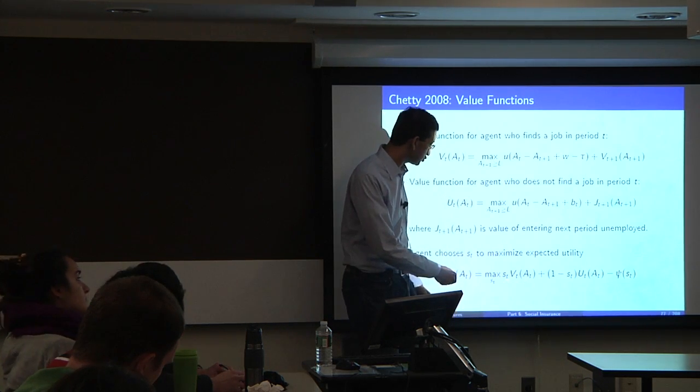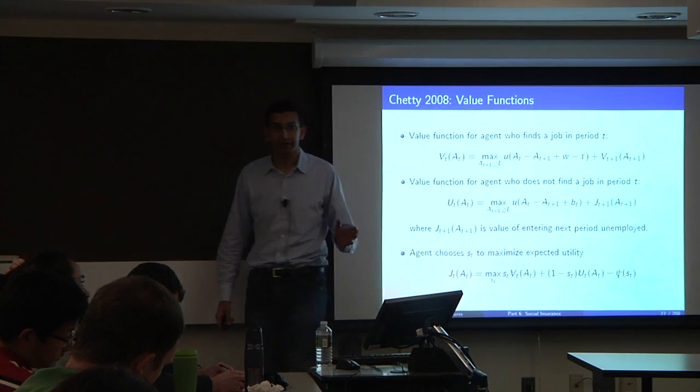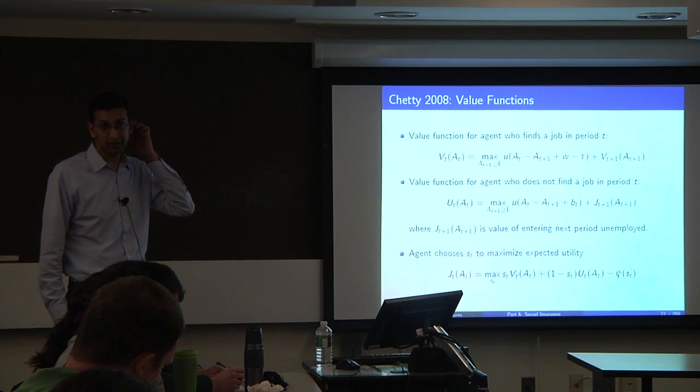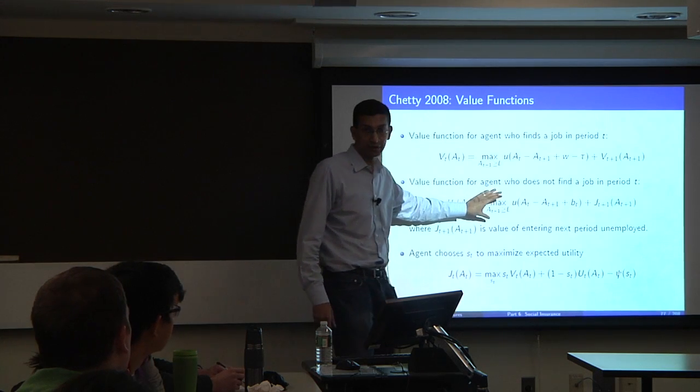So if he finds a job with probability S_t, he gets V_t of A_t. And if he doesn't find a job with probability 1 minus S_t, he gets this value here.